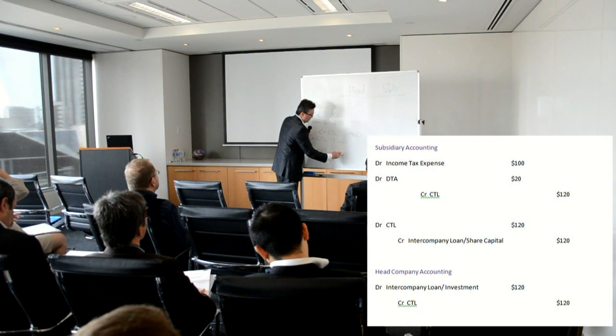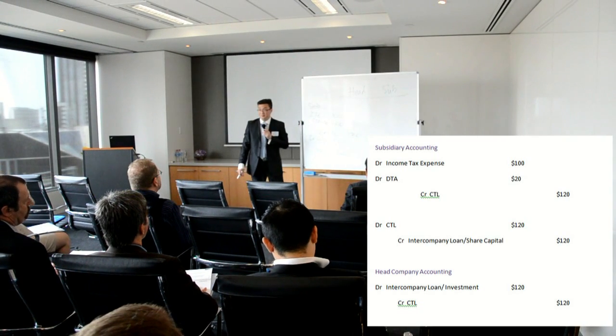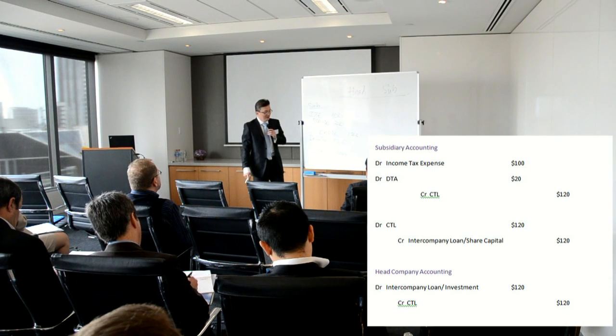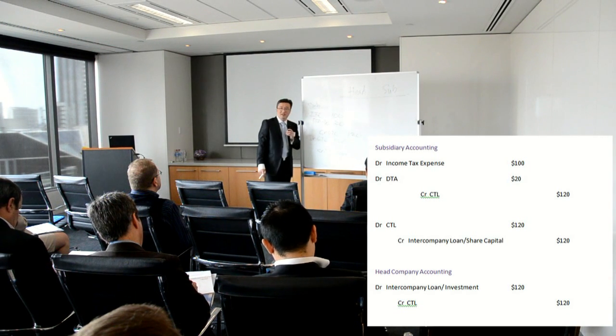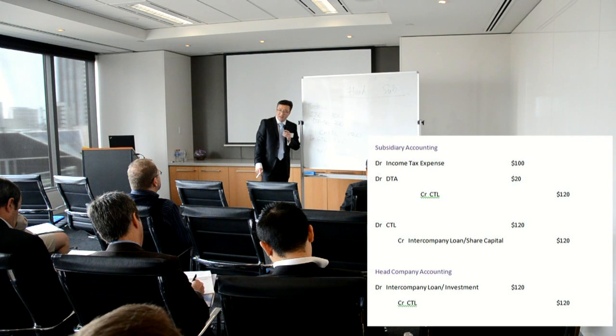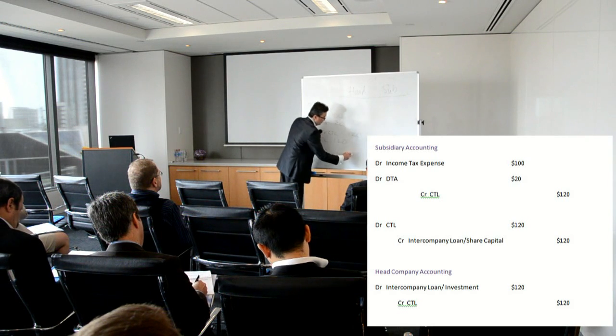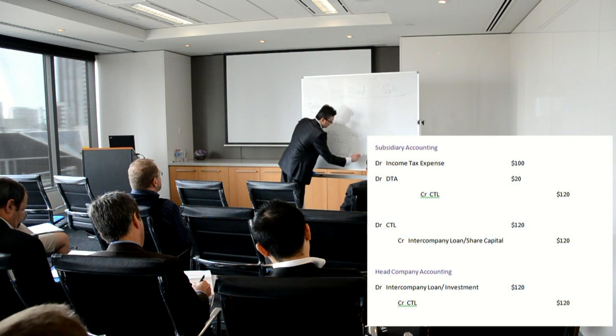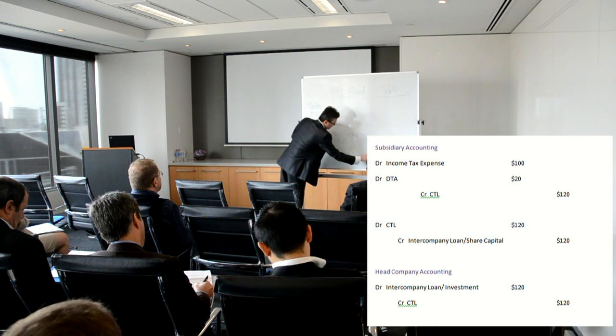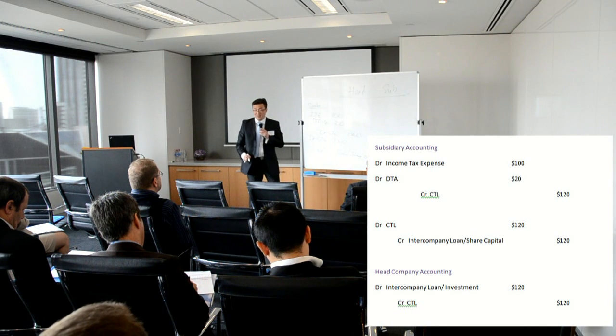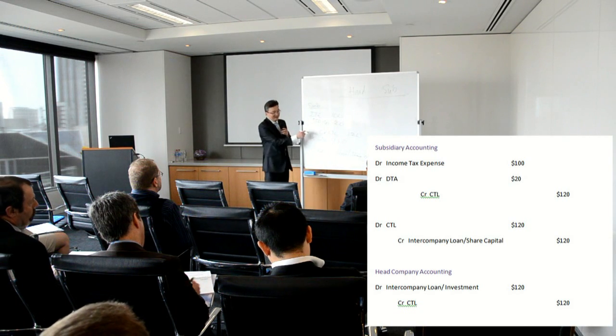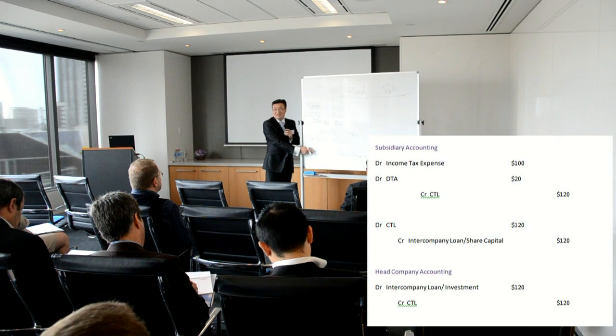It goes through a loan account. If you don't have a tax funding agreement in place, then it goes to a fictitious share capital account in the sub entity. Very confusing, very difficult to explain to the board. So you're better off having a tax funding agreement.